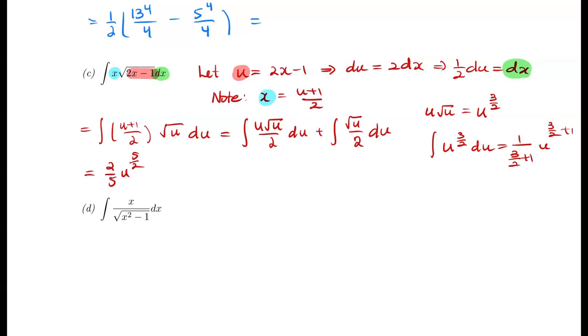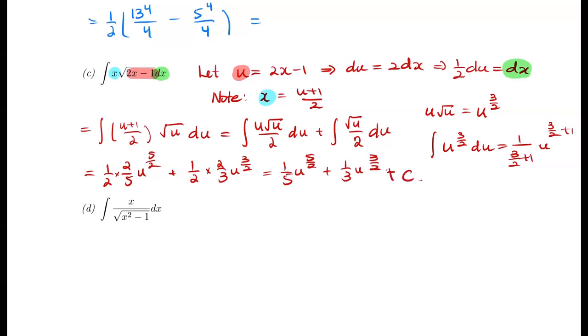And as for the second one, I'm also forgetting to divide by 2 as well, so take this multiplied by a half. And we add a half multiplied by 2/3 u to the 3 over 2. As a result, this would just be 1/5 u to the 5 over 2 plus 1/3 u to the 3 over 2 plus c, where c is the constant.